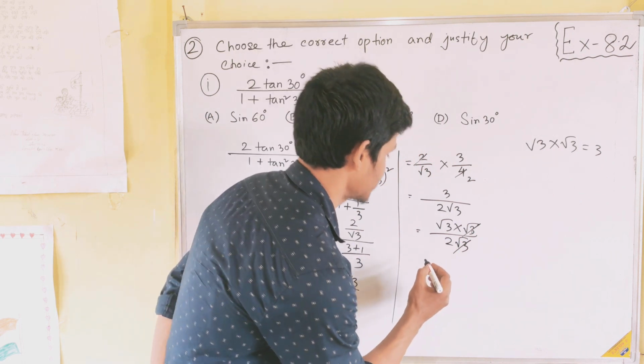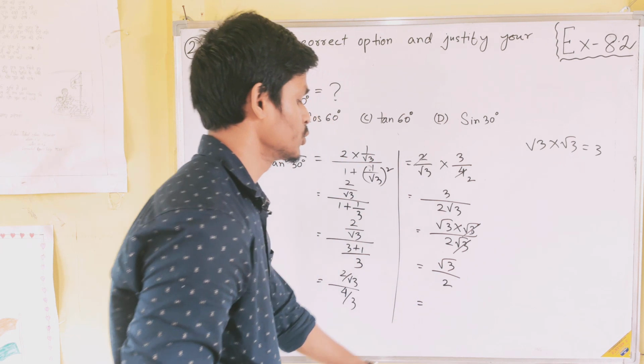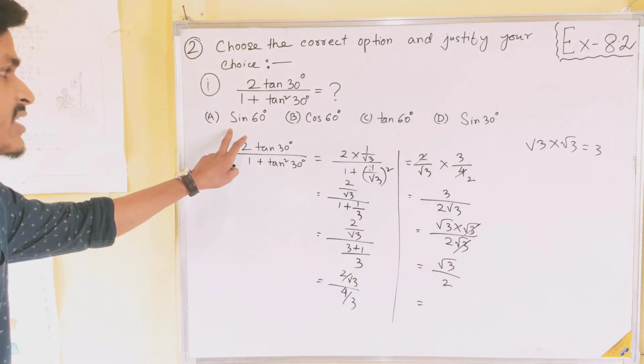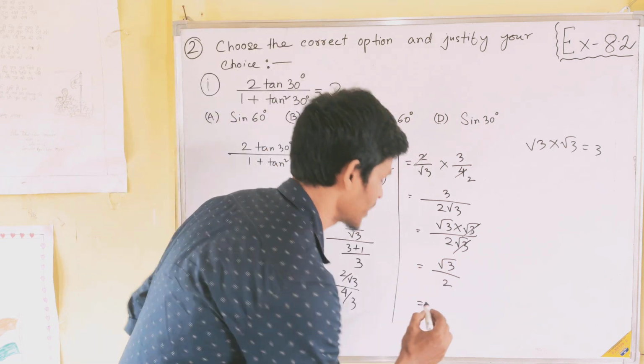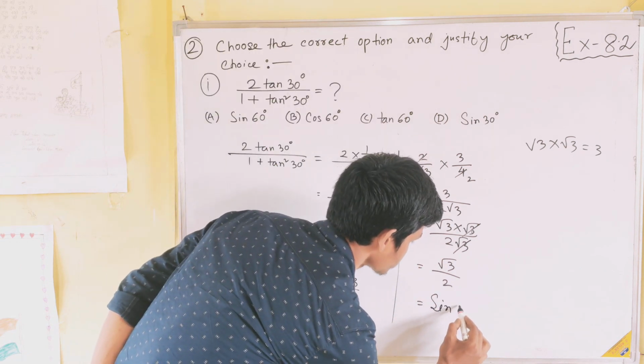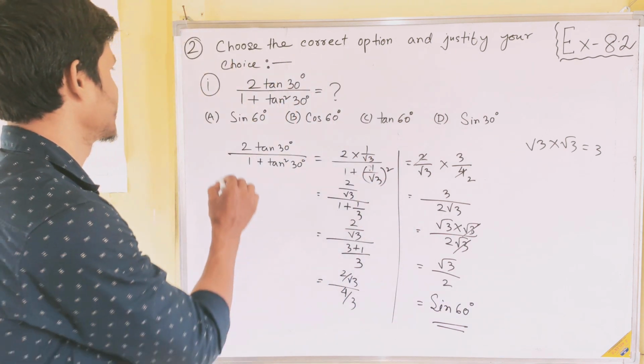Then what you get is root 3 by 2. You all know sin 60 degree is root 3 by 2, so in place of root 3 by 2 you can write sin 60 degree. So the answer is option A.